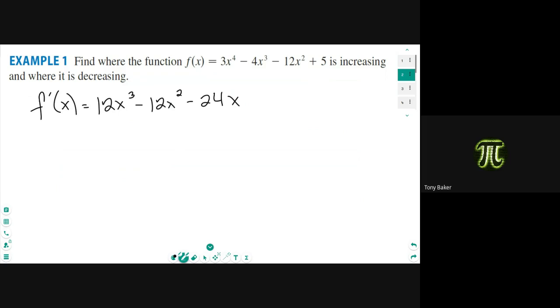So that should be my derivative. All right. Set it equal to 0 and find my critical numbers.